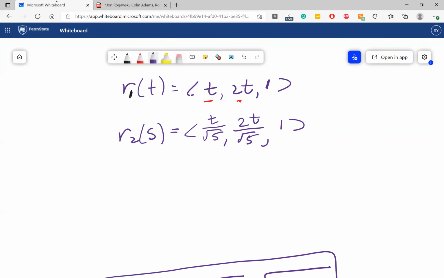Okay, so let's find the velocity. So R prime 2, and over here we're taking t, s. Okay, t is equal to s over the square root of 5.